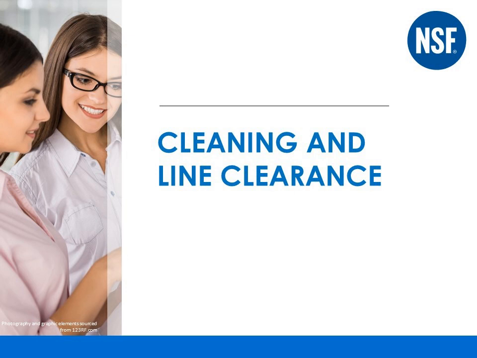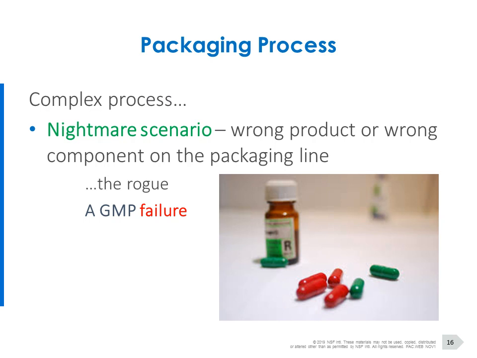So then moving on to another area which is probably one of the greatest risk areas, and that is cleaning and line clearance. So a packaging process is a complicated process, and the nightmare scenario is that you have the wrong product or the wrong component on the packaging line, and that's called a rogue, or some companies call it a stranger or a foreigner.